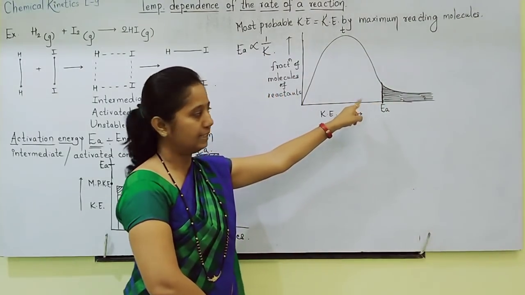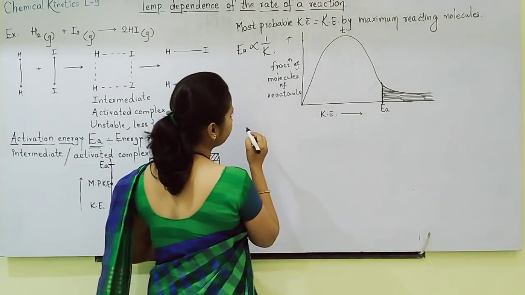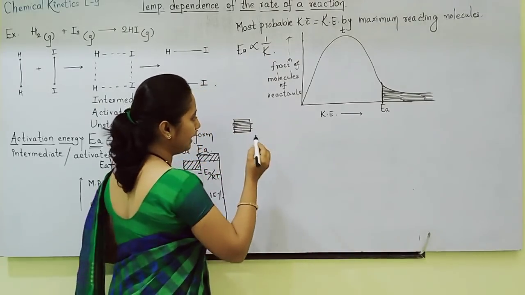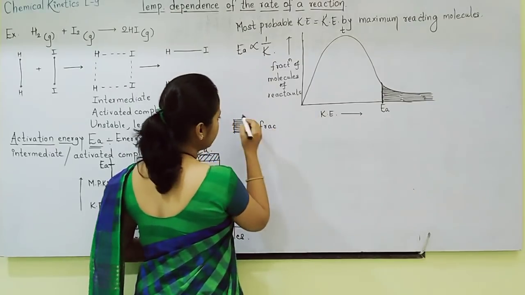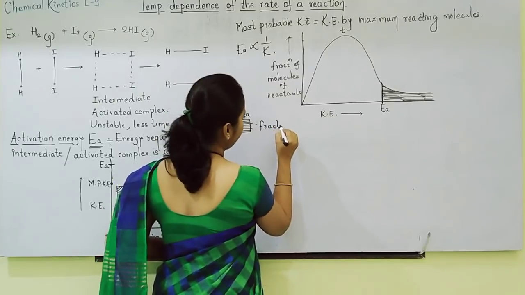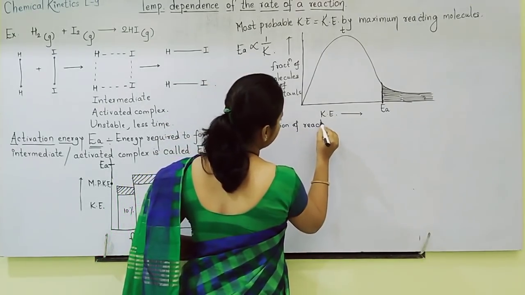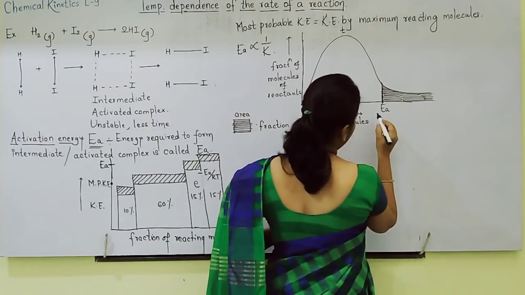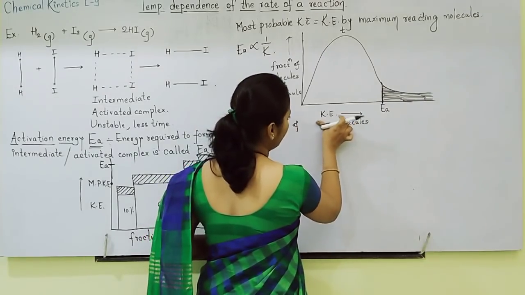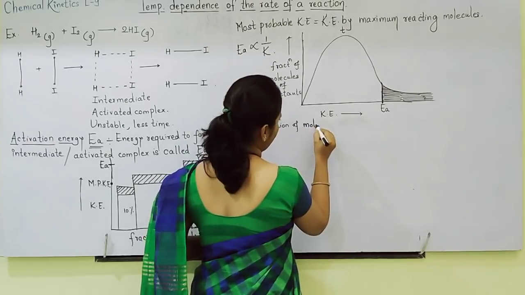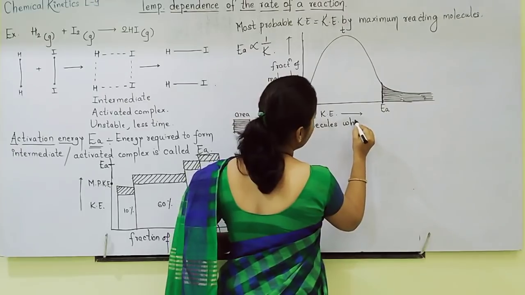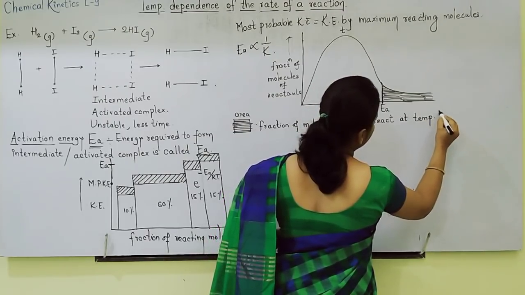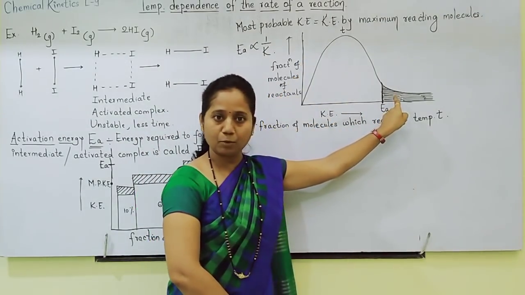If you can see this lined area, that area indicates the fraction of reacting molecules, the fraction of molecules which react at temperature T. At temperature T, only these many molecules are reacting.